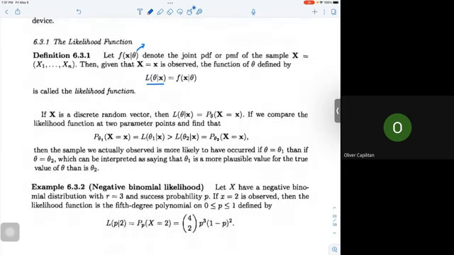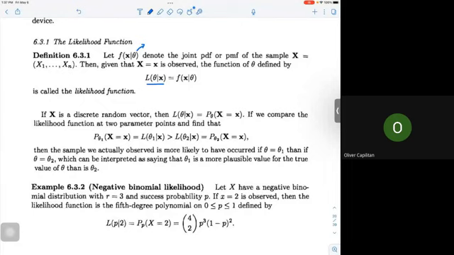This L. So if the sample is a discrete random vector, then the likelihood function of theta given x is equal to the probability that x is equal to the observed value small x given theta.